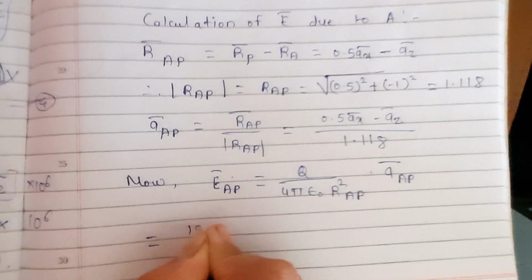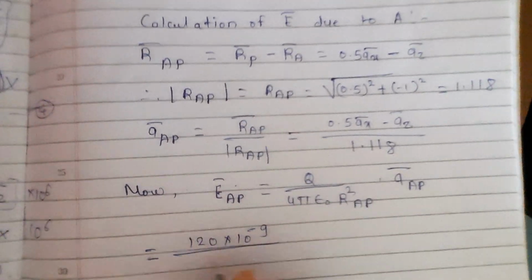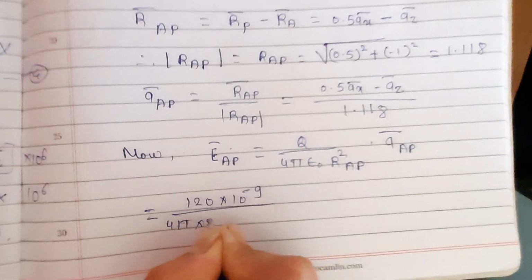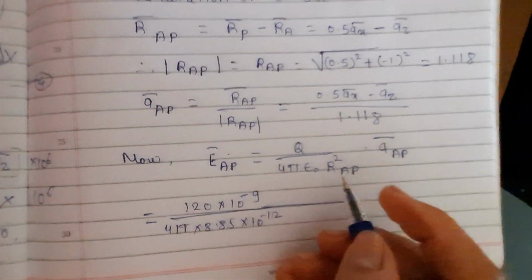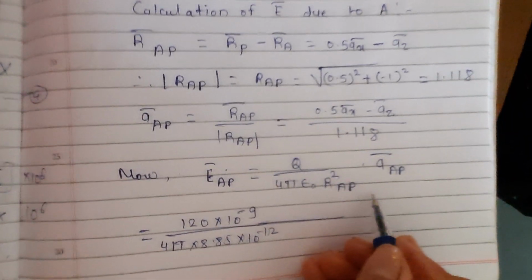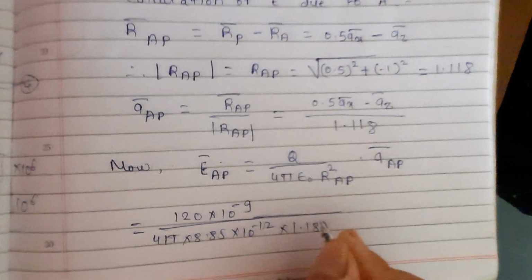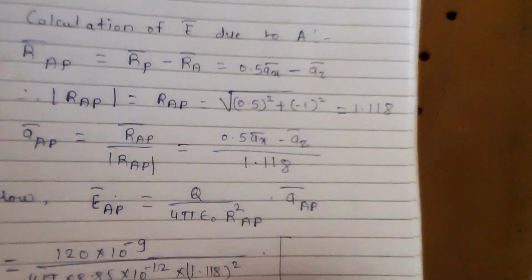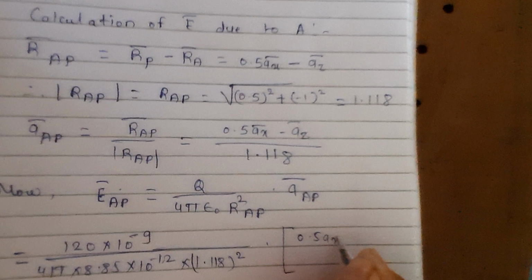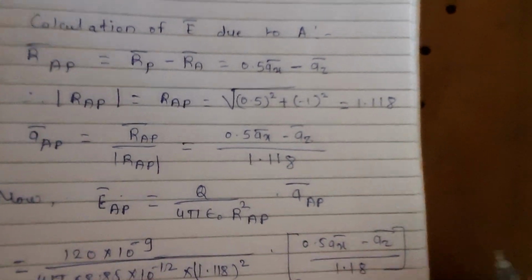So it is 120 into 10 raised to minus 9, divided by 4 pi into 8.85 into 10 raised to minus 12 into R square AP, that is 1.118 square, into 0.5 ax bar minus az bar divided by 1.118.